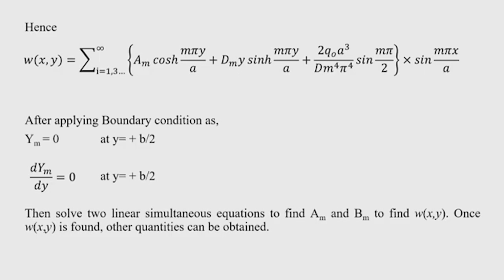Any edge you can take, because the same condition exists on both edges. So, when we substitute these two conditions, as usual we obtained in the earlier cases, we get two simultaneous linear equations with unknown variables a m and d m. So, it can be solved easily by any method.